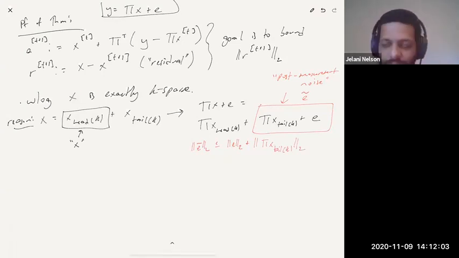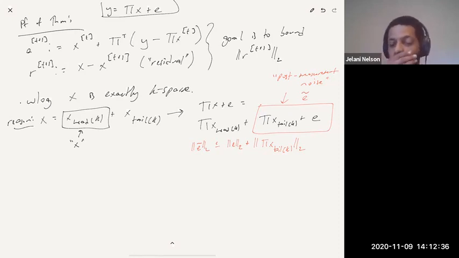What can I say about the norm of pi x tail k? How can I control that? Isn't it 0, or very small? We don't know that. Why do you say 0? x tail k is like x minus its head: take the best k-sparse approximation of x, and subtract it off.